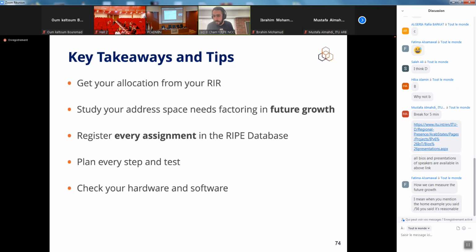So in the case of /56, we're giving a house 256 networks. Each one of these networks will contain 100 billion billion IPv6 addresses. That's the number. I'm not exaggerating, right? So you can say that this is reasonable.